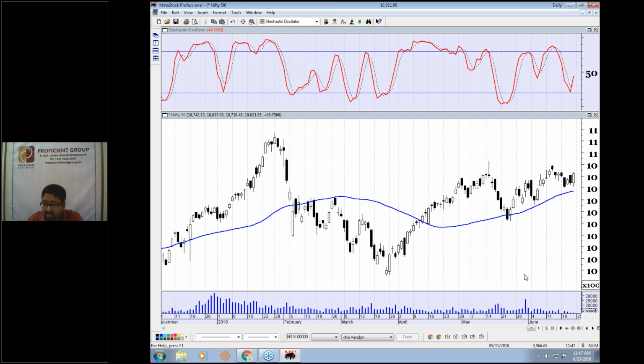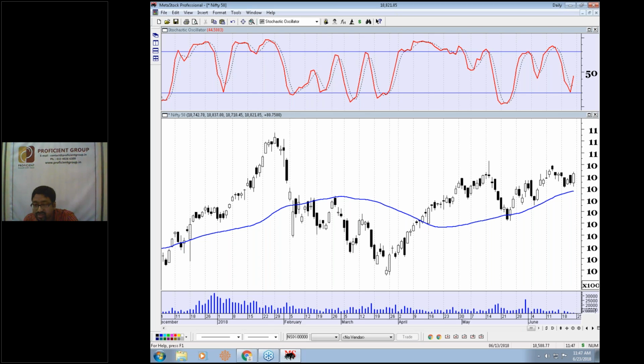So all these bottoms are progressively higher, which is a trademark of any uptrend. So we can say from this chart that the short-term uptrend is continuing. And unless this bottom, which occurred at 10,710, roughly 10,700, gets broken, we will say that the short-term uptrend is likely to continue, and the immediate high of 10,893 is likely to be revisited.